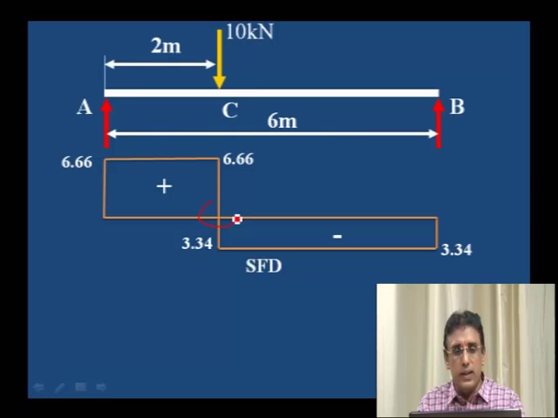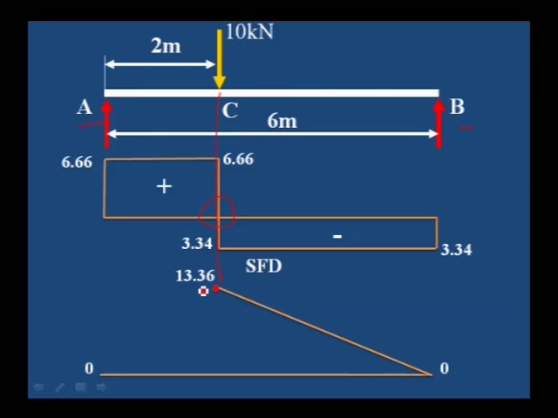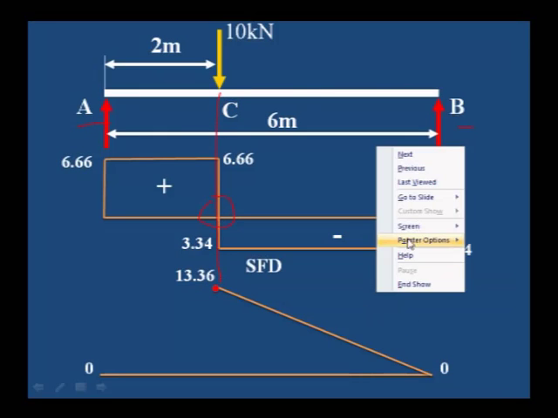Okay, let us see whether we are getting the maximum bending moment at this point. We can observe that at A it is 0, at B it is 0, and there is only one point load, at that place we have the maximum bending moment. For drawing the bending moment diagram, first draw the horizontal line and then mark 2 points, 0 at A and 0 at B. Then mark the central point below C where it is 13.36.